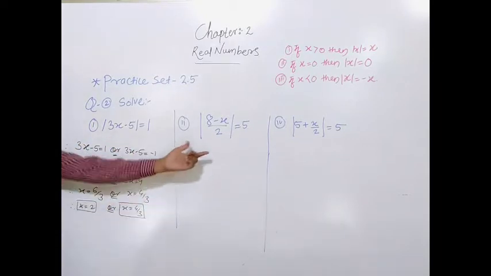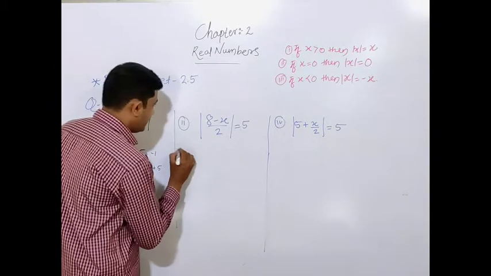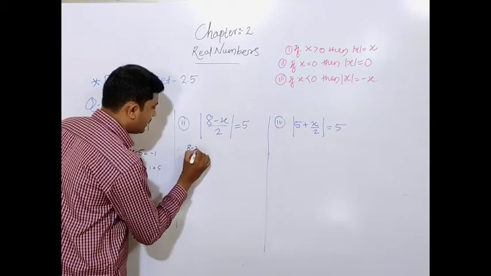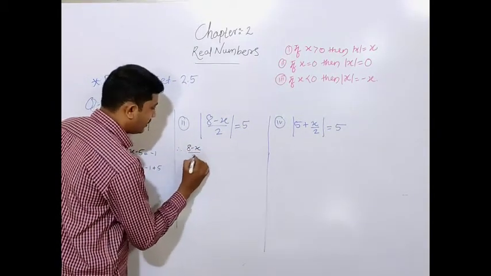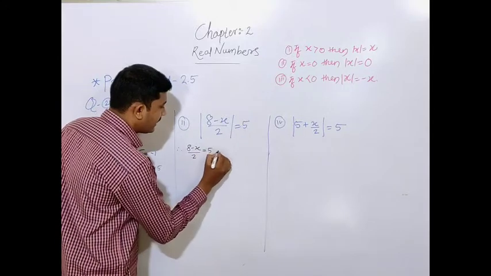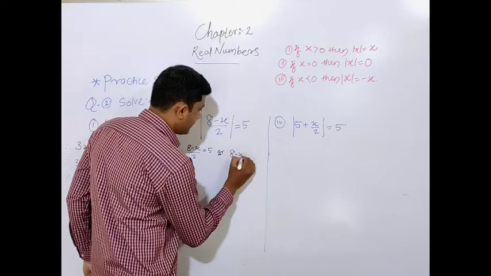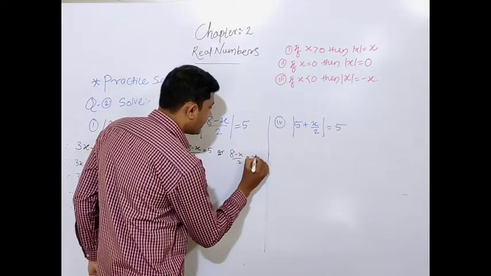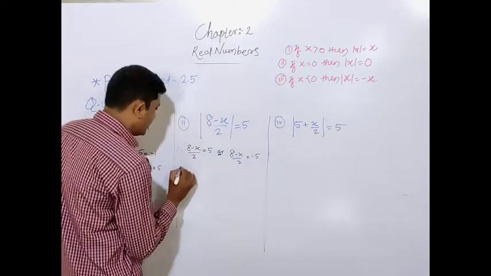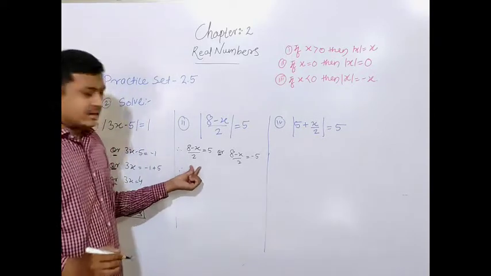In the same way we can solve the second example. Therefore, 8 minus x upon 2 equal to plus 5 or 8 minus x upon 2 equal to minus 5. Now here 2 is at the denominator.